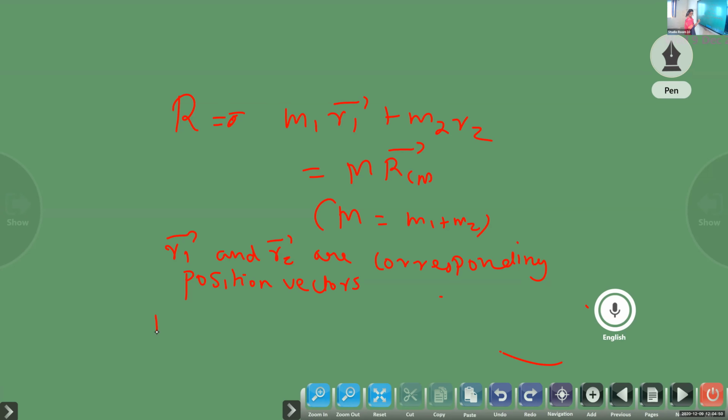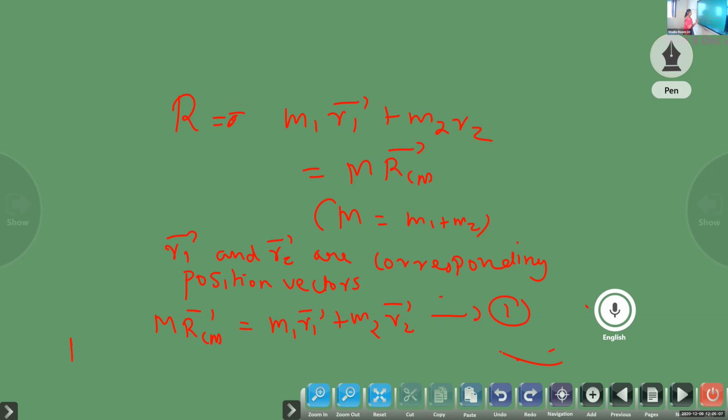Thus M R_CM is equal to M1 R1 plus M2 R2. You can write it as equation 1.